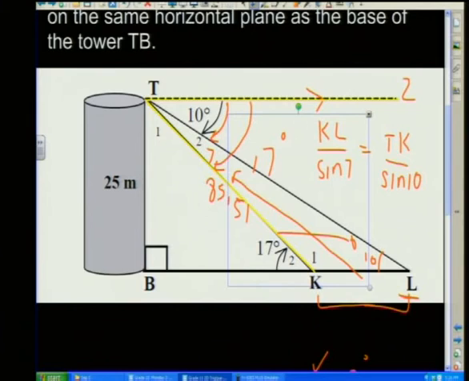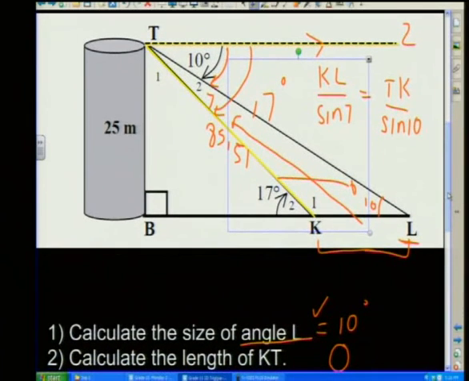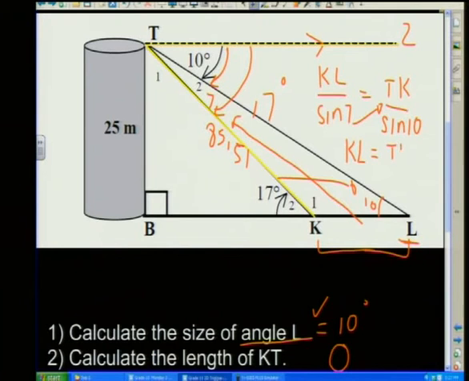We're going to cross multiply. Remember, we're looking for KL. So if I cross multiply the sine 7 to the numerator of the TK, the KL will be isolated by itself. So KL is equal to TK times sine of 7 all over sine of 10.